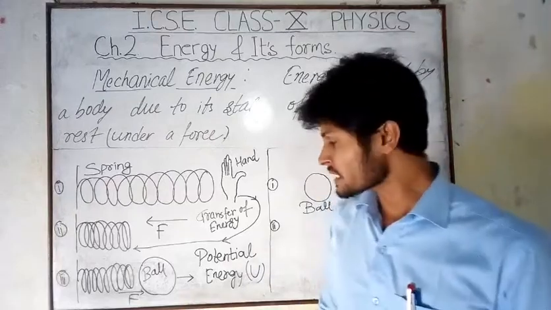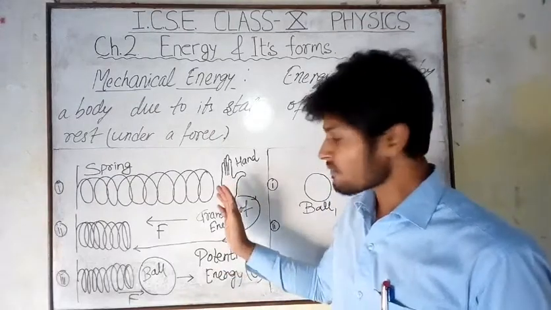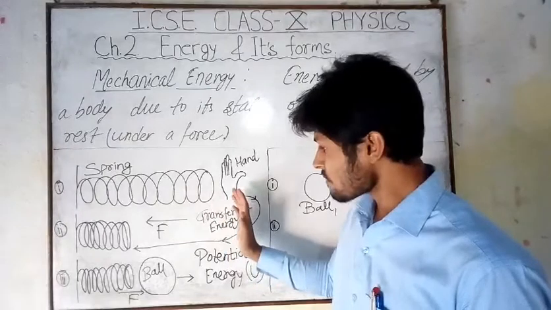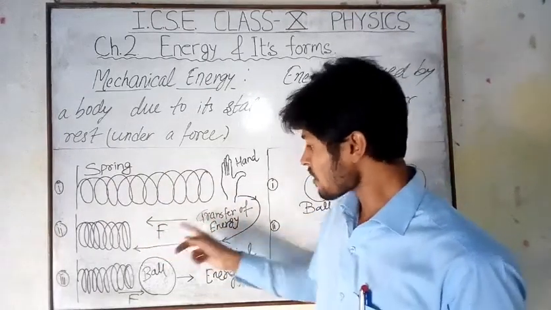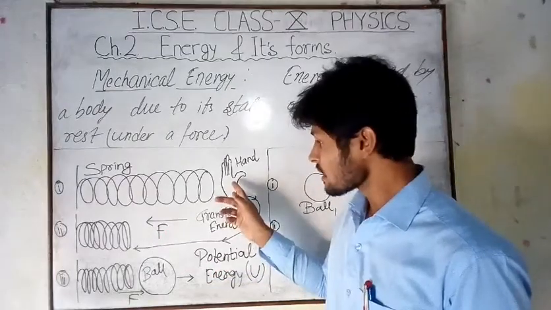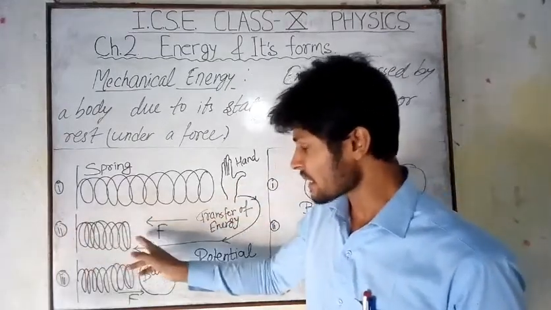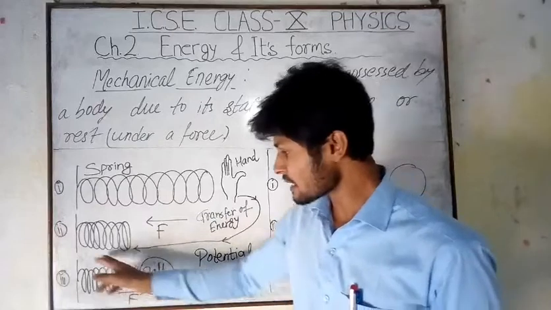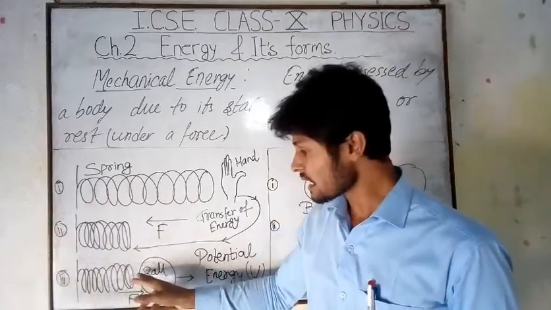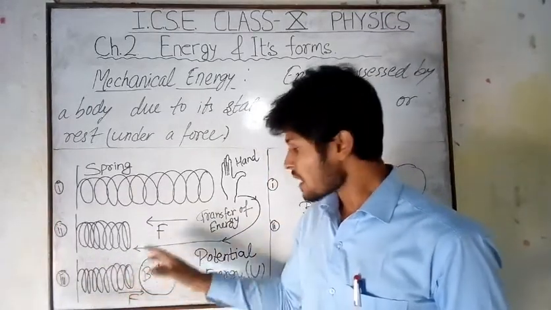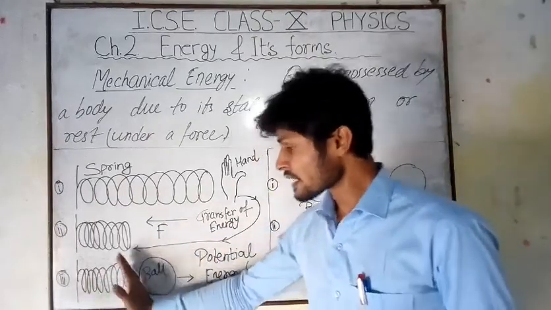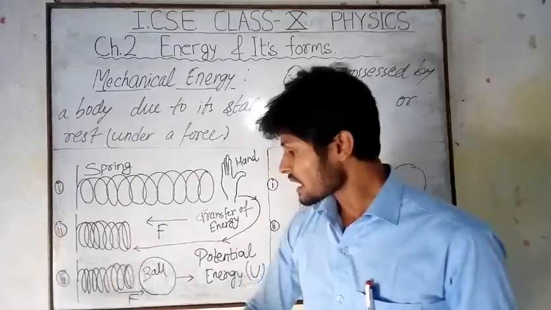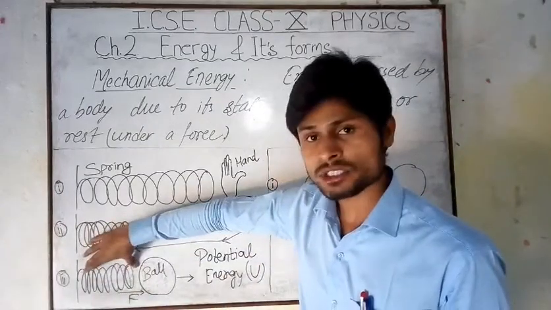One thing we should notice here: when we apply a force on the spring, the direction of force is toward the wall. See, this one gives the direction of force. Now, as the hand did some work on the spring, there is a transfer of energy, and the spring gains some energy as potential energy. To utilize the potential energy the spring has, we release the force that maintains the rest position of the spring.